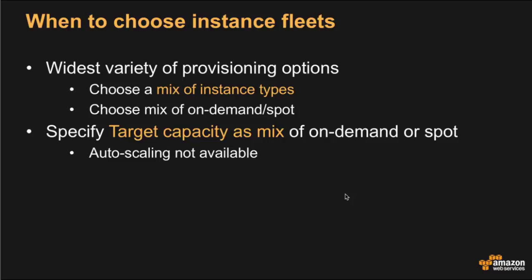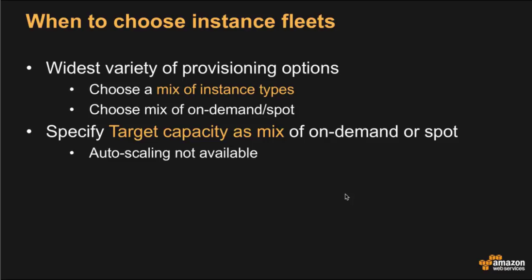You could specify a target capacity, saying that I need 10 nodes available or 10 vCPUs available, which are a mix of both on-demand and Spot. Unlike instance groups, you cannot auto scale instance fleets.